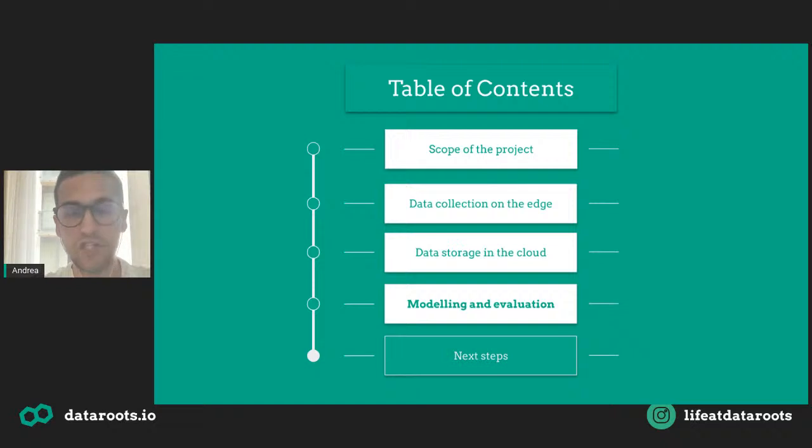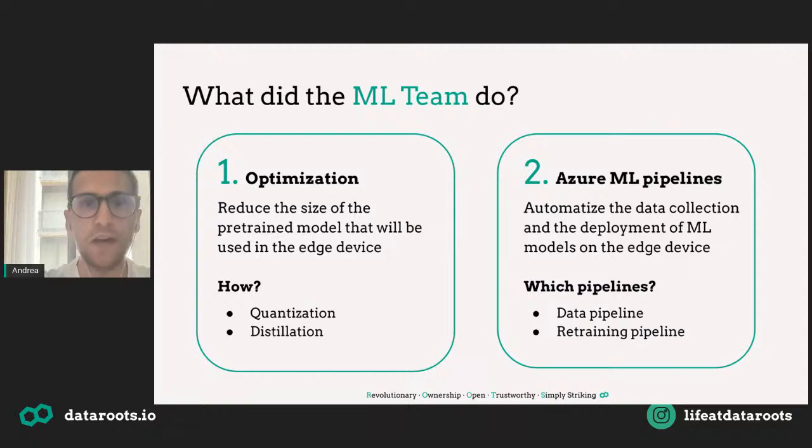As the machine learning team, we worked on two main milestones. The first one being optimization. The idea is that we want to deploy a machine learning model directly onto the edge device, and this model will send the predictions every second. So we need the model to be as small and as fast as possible.